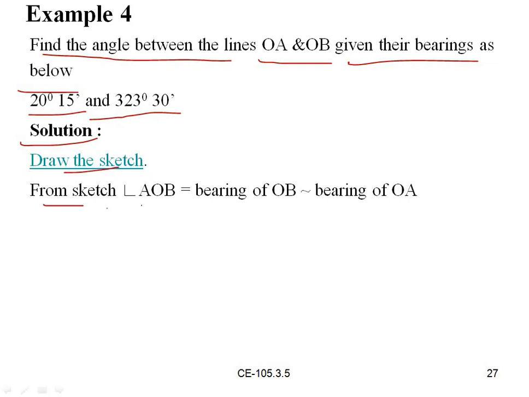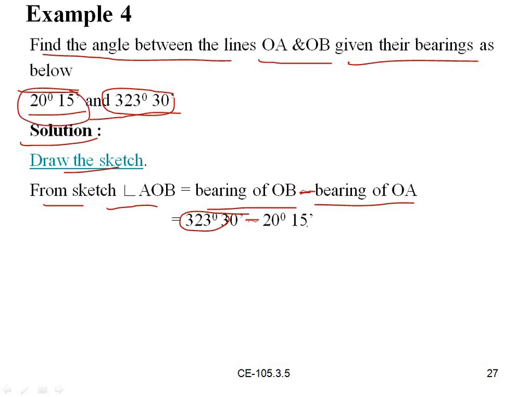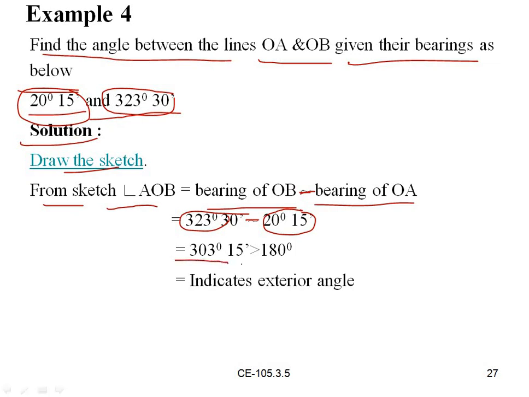From the sketch, angle AOB is equal to bearing of OB minus bearing of OA. So bearing of OB is 320 degrees 30 minutes minus 20 degrees 15 minutes. It is 303 degrees 15 minutes.